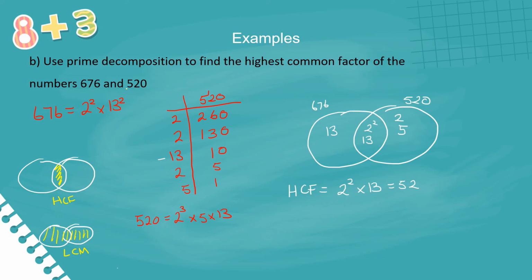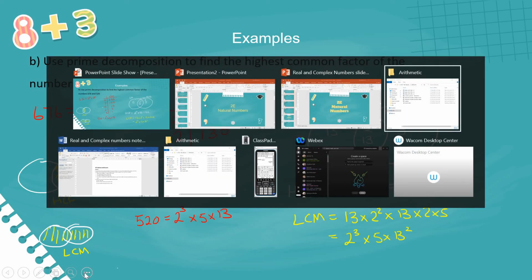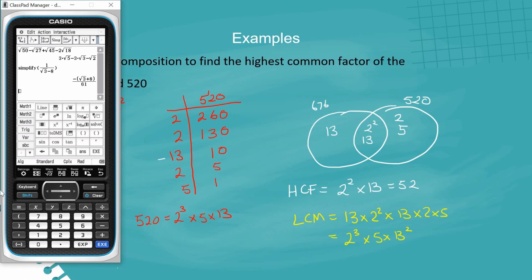So if I wanted the lowest common multiple of 676 and 520, I would multiply all of these numbers together. 13 times 2 squared times 13 times 2 times 5, which we could simplify as 2 cubed times 5 times 13 squared. I definitely can't work out that on my own without a calculator.